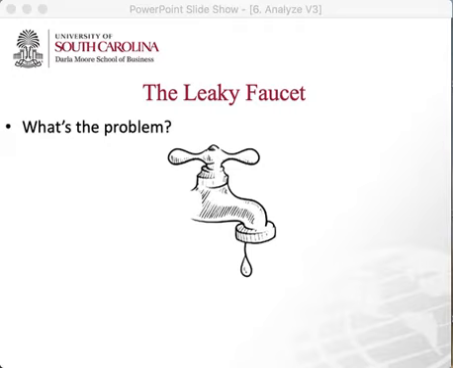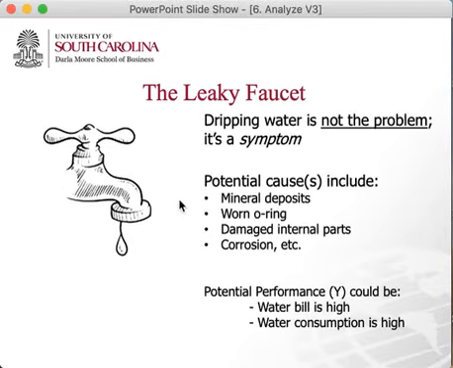So let's take a look at this, right? What is the problem here? Think first. You know what the problem is, right? The water is dripping here, so we have water leakage, right? And we can say that is the problem. But the problem has a little more to it. The water leakage is actually the symptom, not the problem itself.